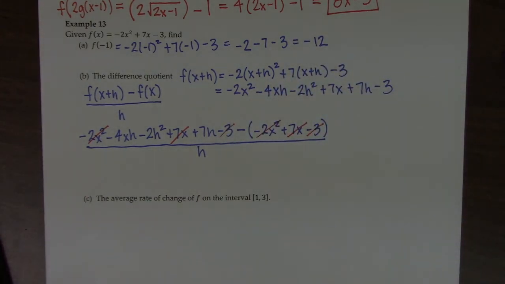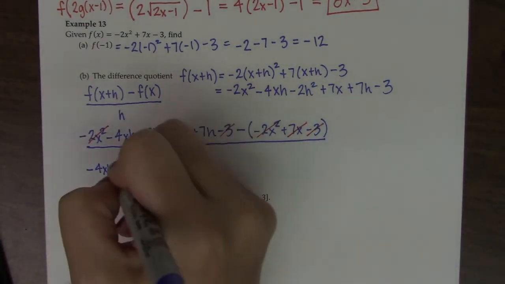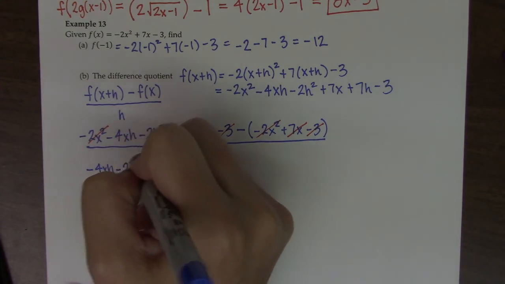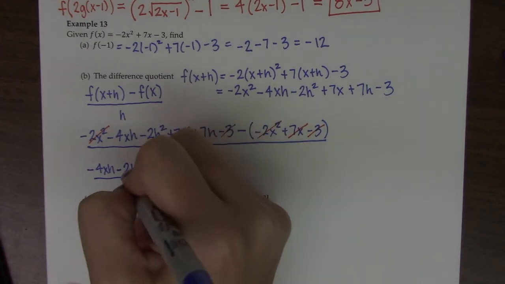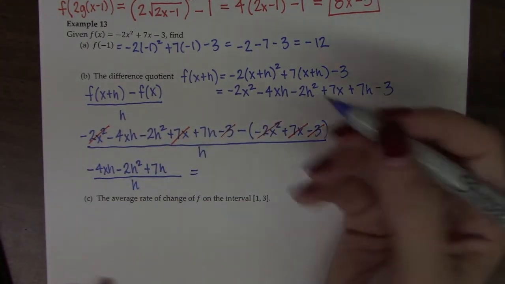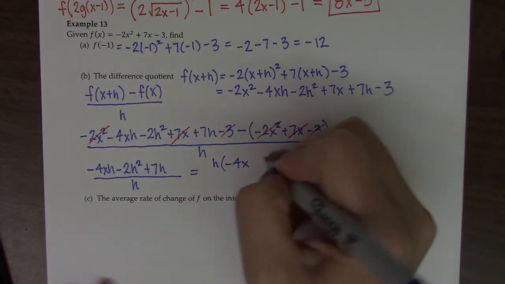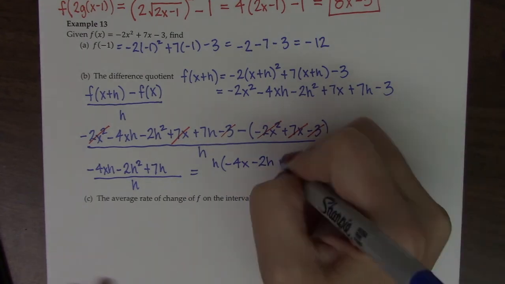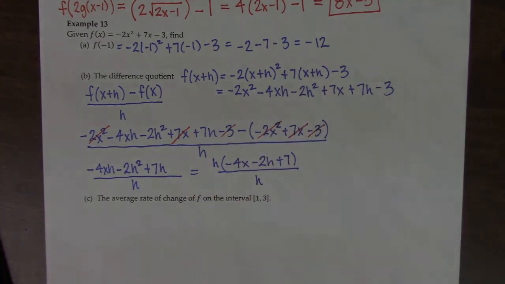So now if I write what's left, I have negative 4xh minus 2h squared plus 7h all over h. So since every term in the numerator has an h, I can factor it out front and get negative 4x minus 2h plus 7 all over h.